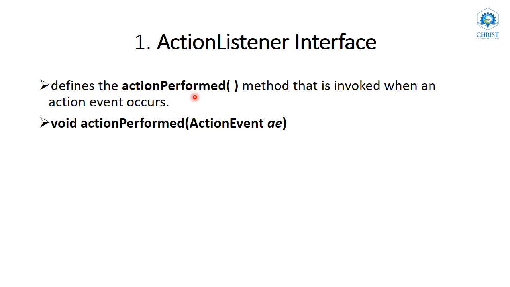So what we have to do is implement this interface if we are planning to handle an action event. We implement this interface in our class. Then we have to register the component.